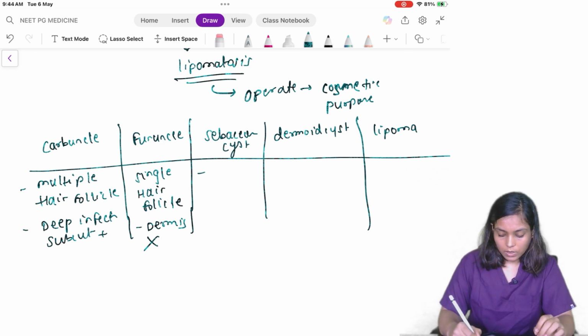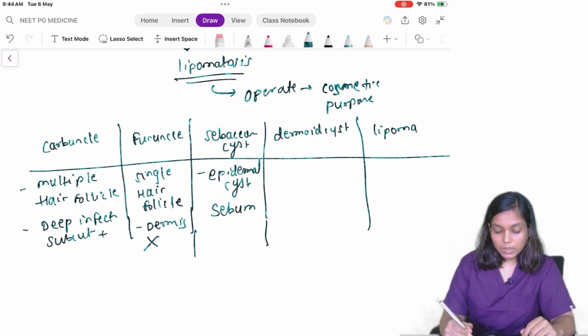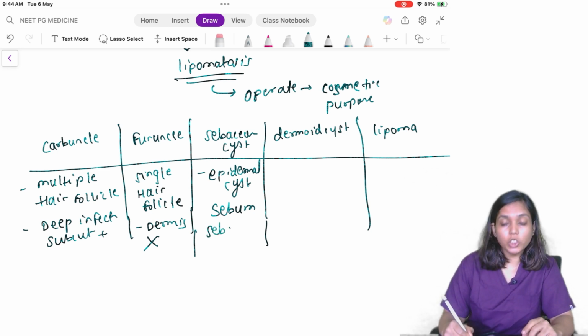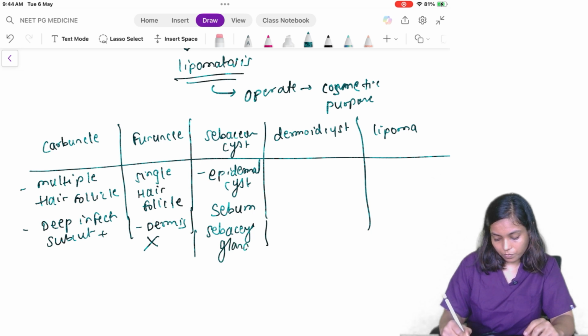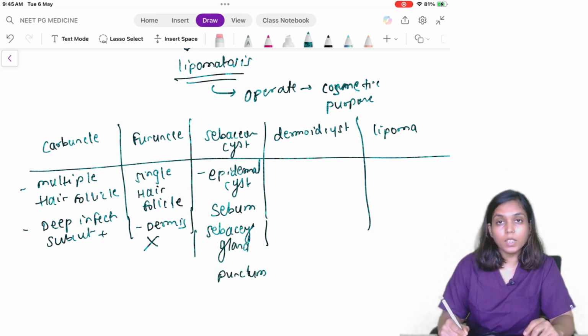Sebaceous cyst. It is a type of epidermal cyst. The content of this cyst is sebum, and it originates from the sebaceous gland, and there is presence of a punctum over the swelling. Dermoid cyst.